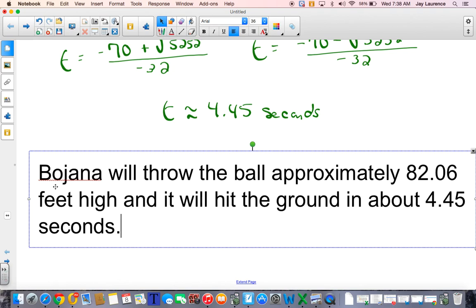See, I'm not just going to give the t equals as my answer. That's my mathematical answer, but I'm going to try to communicate with the reader as best I can.